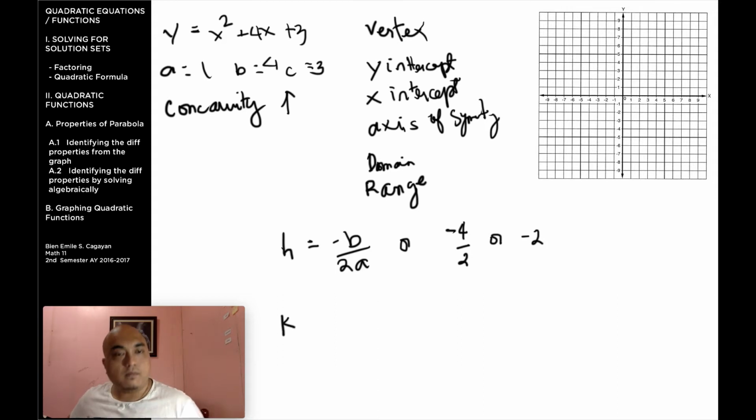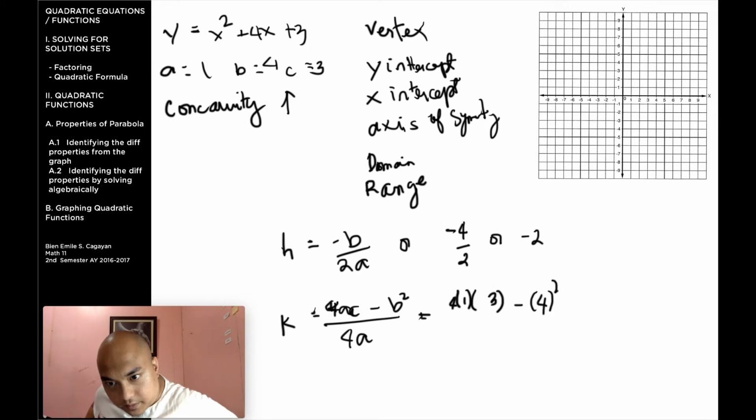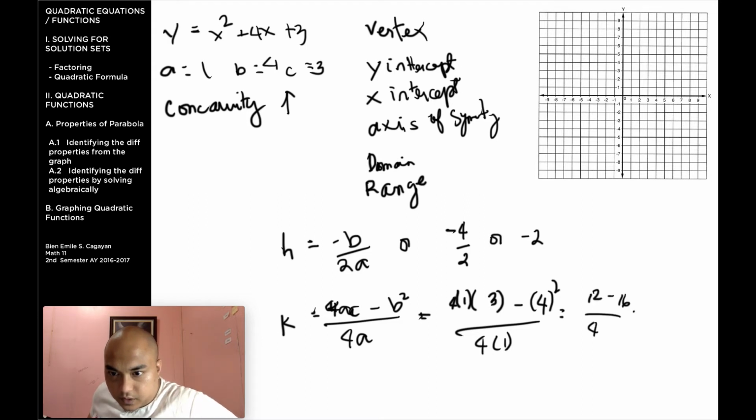And the k is 4ac minus b squared over 4a, which is equal to 4 times 1 times 3 minus 4 squared over 4 times 1, which is 12 minus 16 over 4, or negative 1.